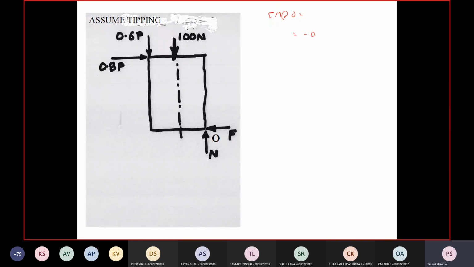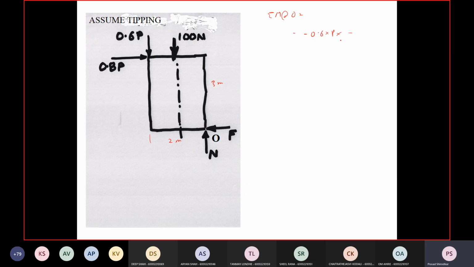So that is equal to minus 0.6 P into 2. This is 2. And this is 3 meters. It's given.